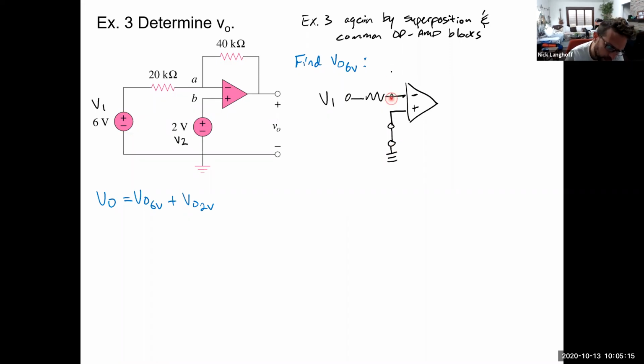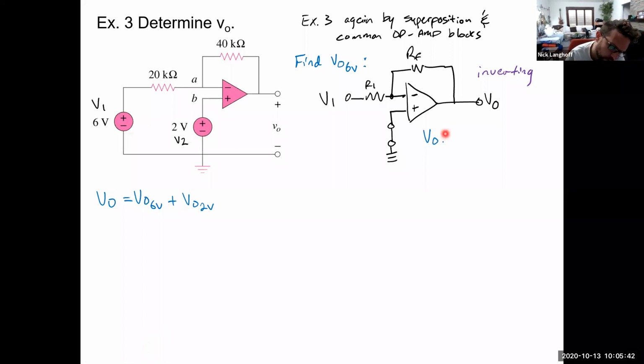And then we still have the feedback resistor connecting Vn and V out. So here's RF and here's R1. When we look at it that way, we can see clearly that this is an inverting amplifier. Therefore, we already know what V out due to the 6-volt source is: minus RF over R1 times V1.